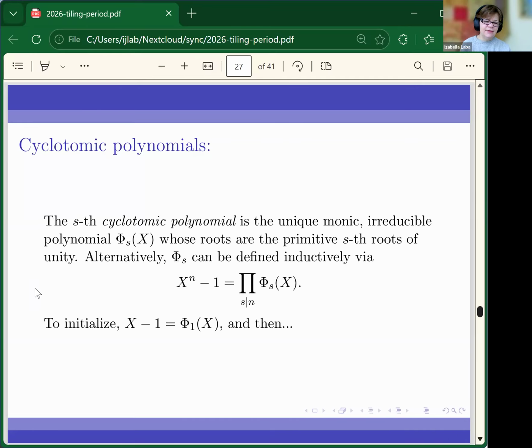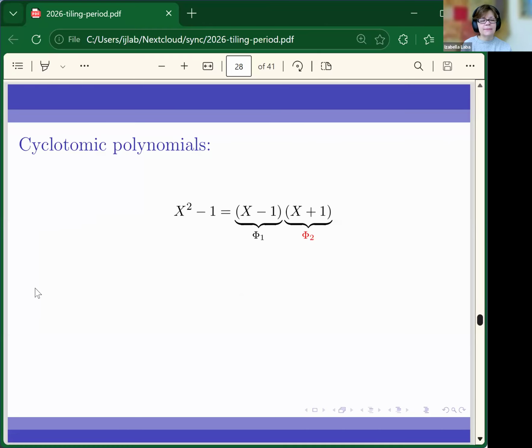These can also be defined inductively by factoring x to the n minus 1, and then the irreducible factors are going to be the cyclotomic polynomials. Just to give you a simple example, x minus 1 is going to be phi 1, because that's the only irreducible factor that it has.